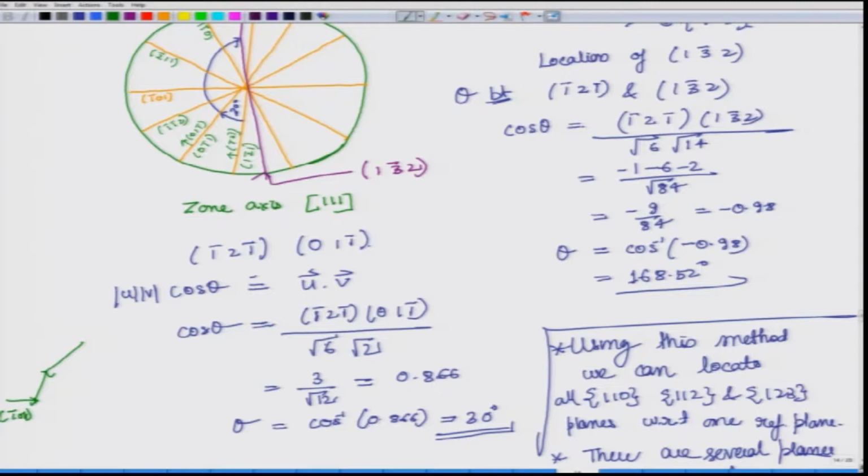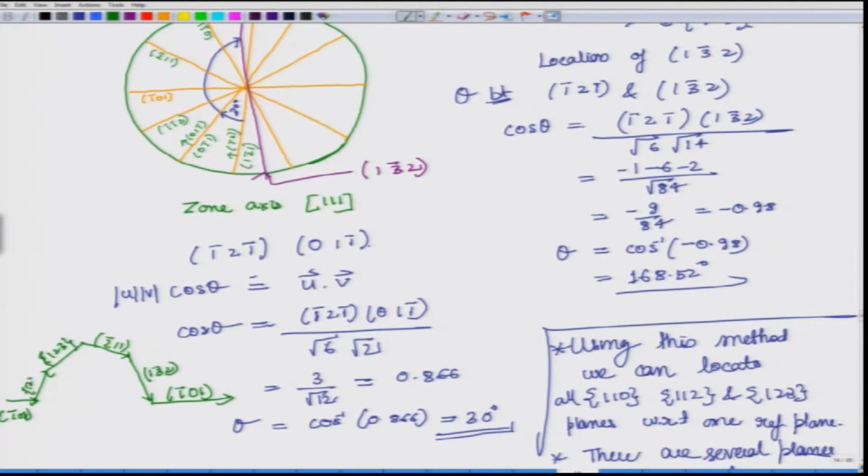Then you can have another one of these 132 planes, and this one looks closer to bar 211, this one looks closer to 1 bar 32, and you can come back or you can still be in some of the other planes. So, this is some of one of the 1 2 3 planes.